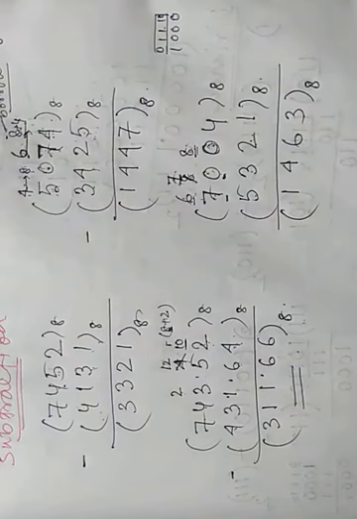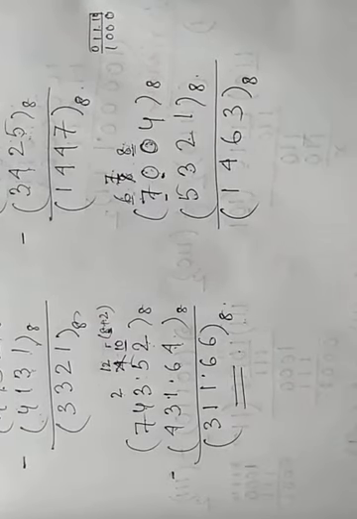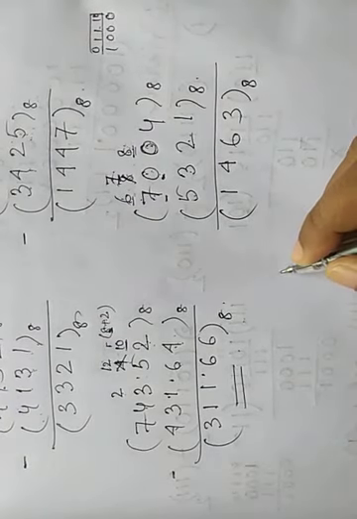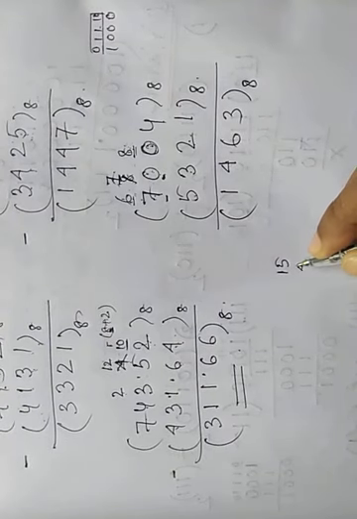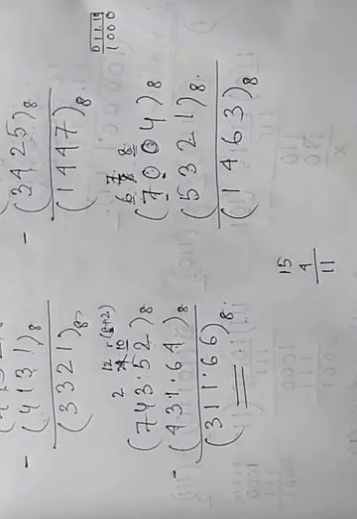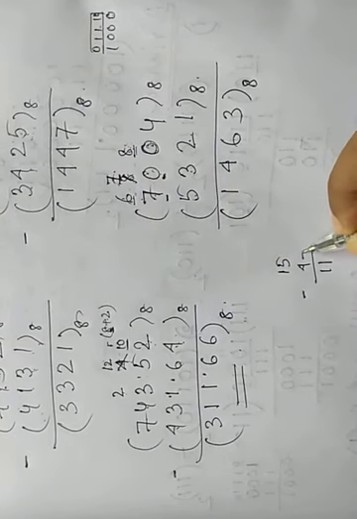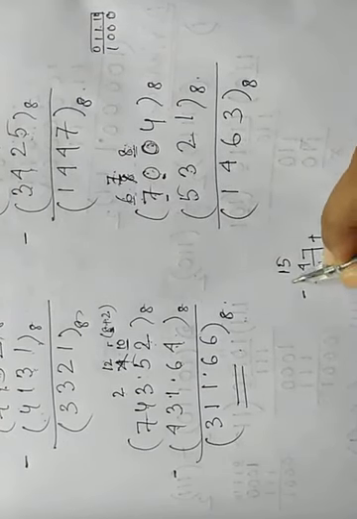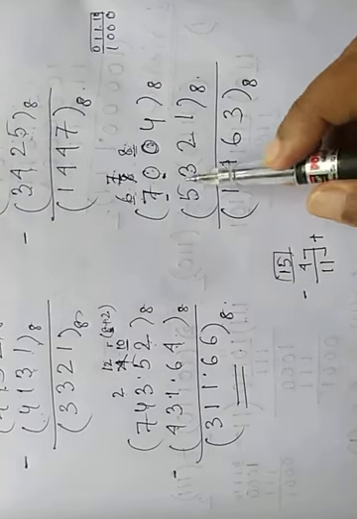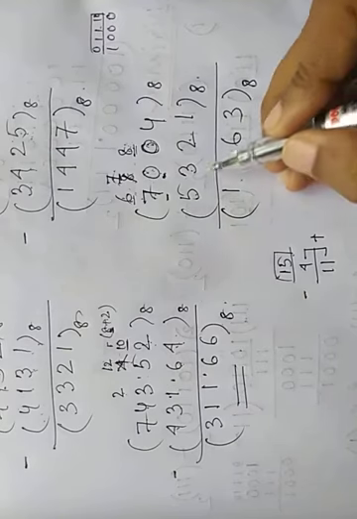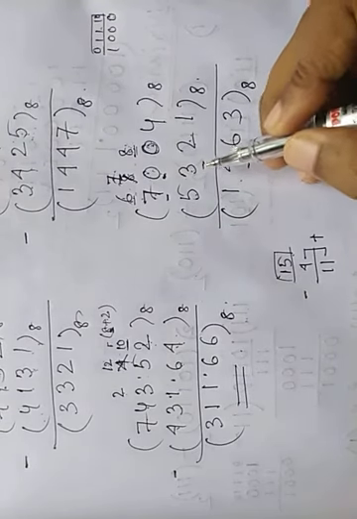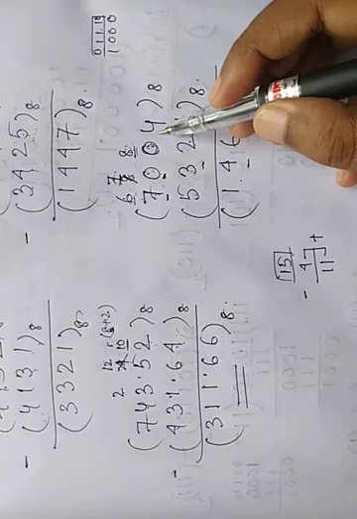Again, one simple rule to understand whether the subtraction is correct or not. We know that in subtraction, suppose 15 minus 4 is 11. If we add these two numbers, we get this number. So in octal also, if we add the result with the subtrahend, we get this value.